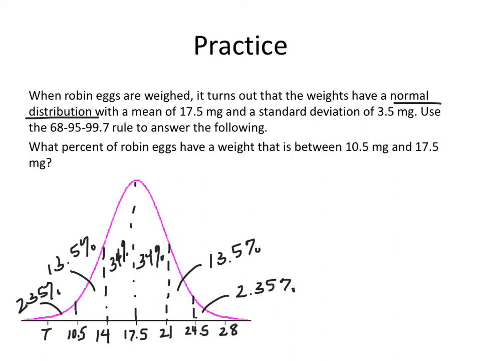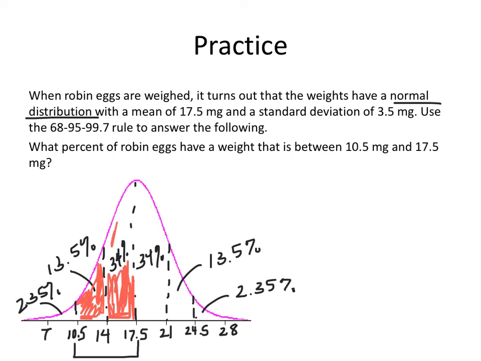But the question that it asked me is what percent of robin eggs have a weight that is between 10.5 and 17.5. So on our chart we're looking for 10.5 to 17.5. When we look at that, we know that we start here because that's between 10.5 and 14, and then we keep going all the way up to 17.5.